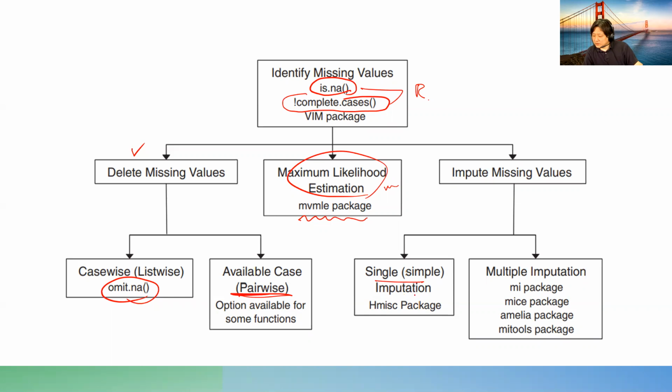And also for single imputation, the Hmisc package, and for multiple imputation, we just talked about the mice package. The Amelia package is also very popular, and other packages are available. Okay.